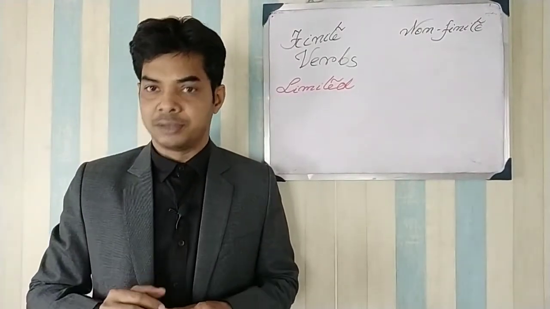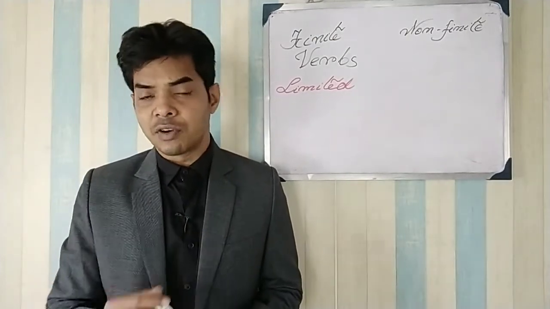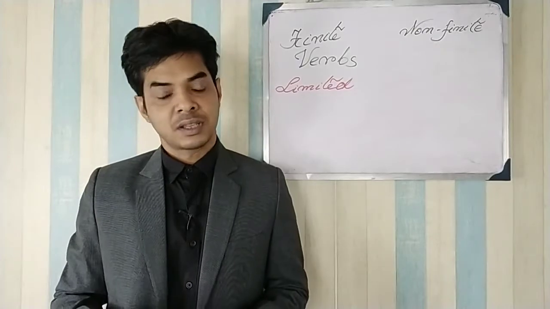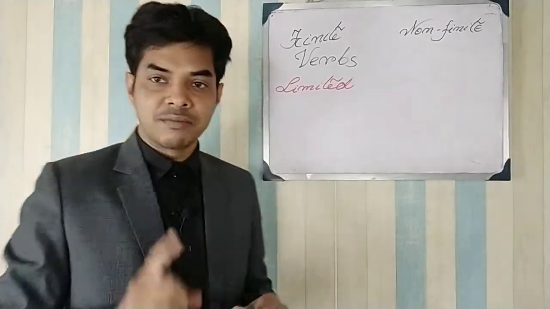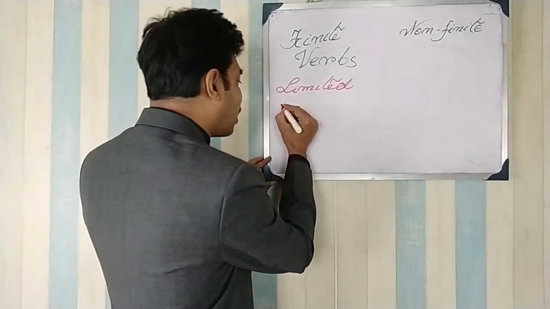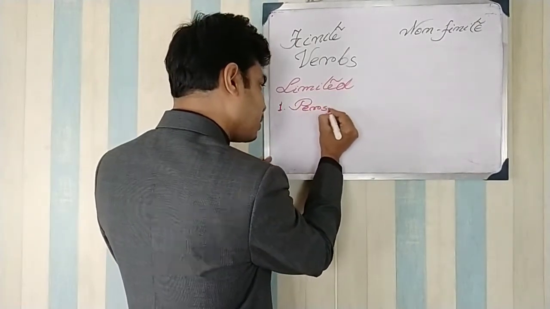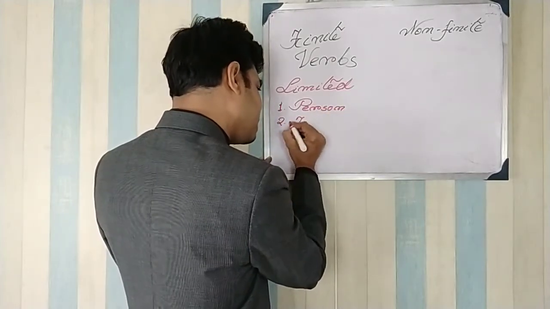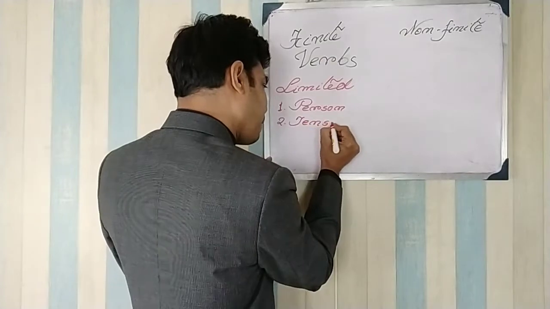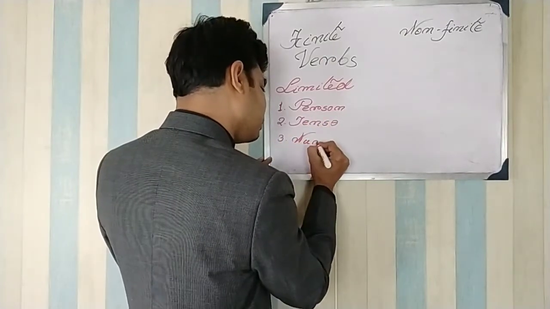Now I would ask you, do you know what are the terms with which these verbs are limited? Yes dear friends, the answer is very simple. These verbs are limited in terms of number 1, person, number 2, tense, and number 3, number.